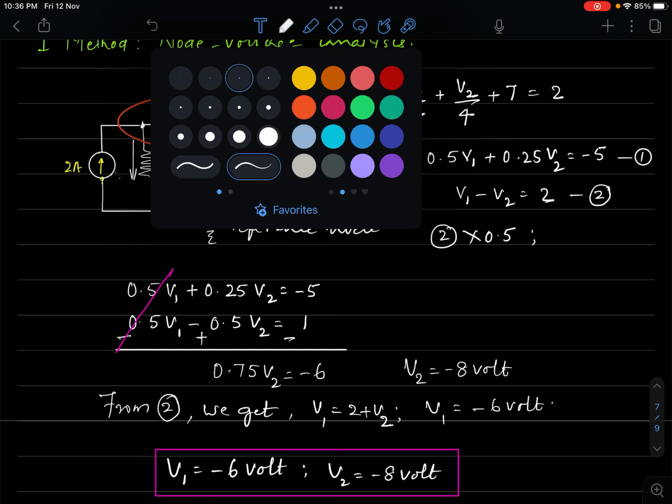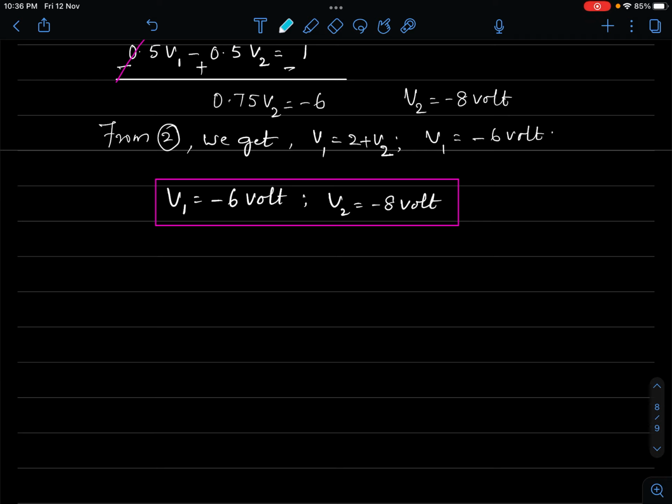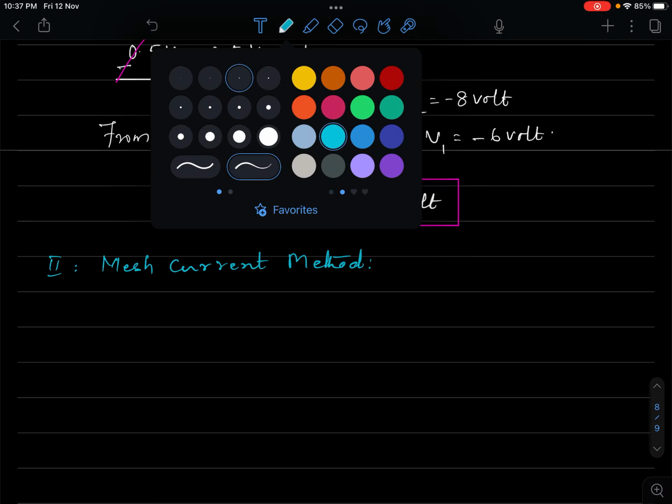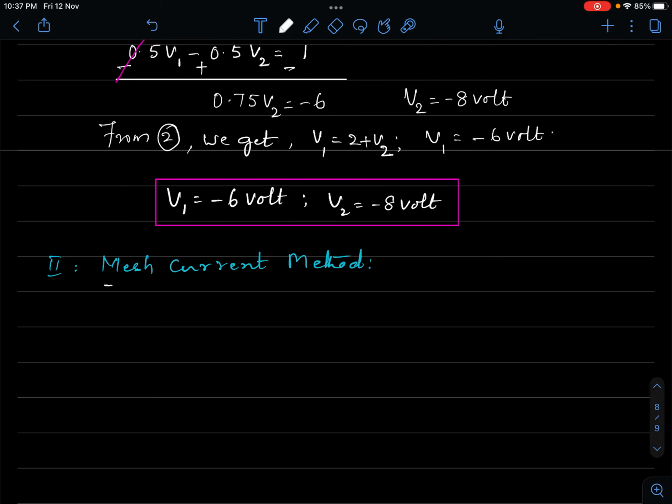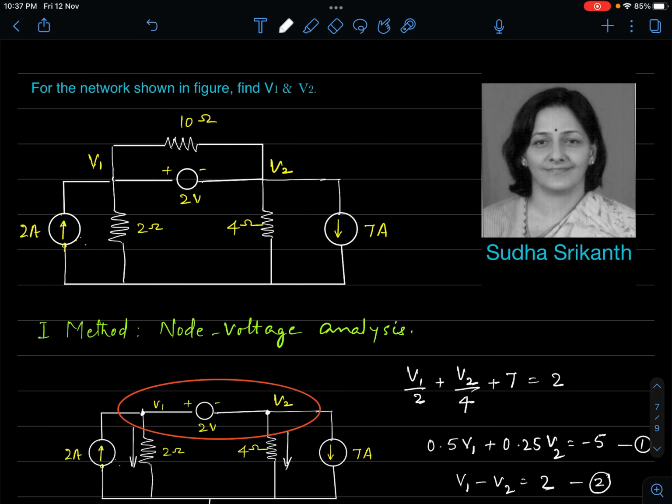The second method, I will try to do it with a different color possibly. I'll take this color. Okay, the second method we will adopt is by mesh current method. Mesh current, same problem, we will approach it by different method. The objective is to give an idea of the various methods you can use to do network analysis.